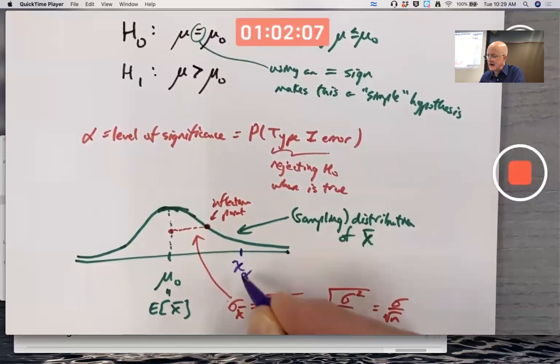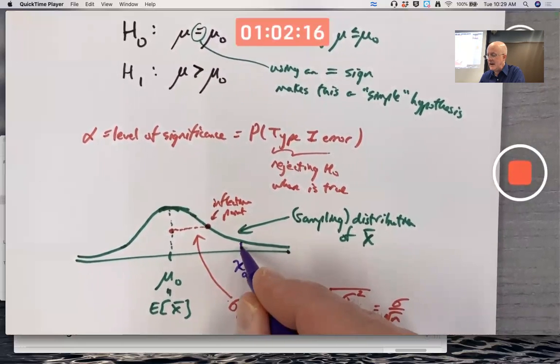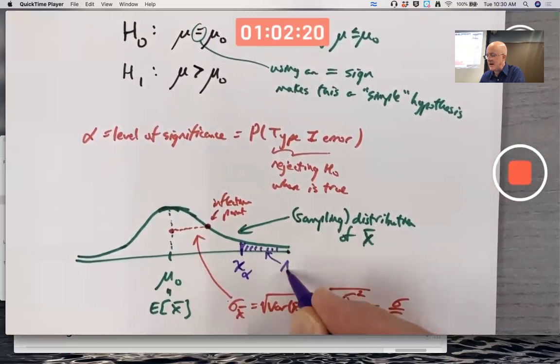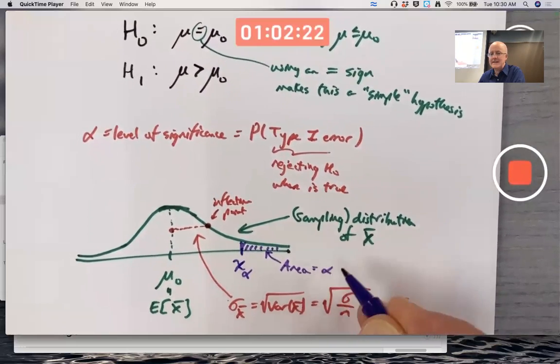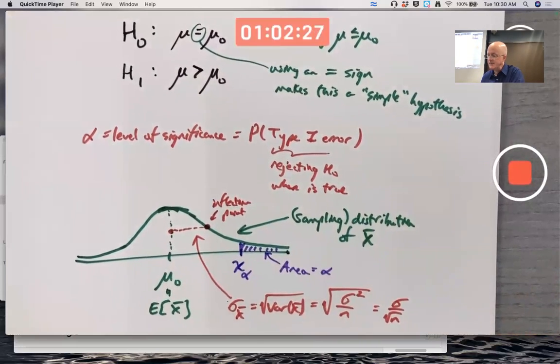Okay, that's an X, it's not a chi. My cursive X's look like chi sometimes. But X sub alpha, the area to the right of that is alpha. And that is the probability of a type 1 error, because this is going to be the rejection region.